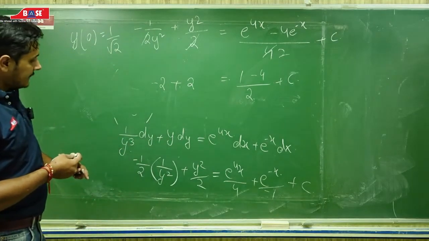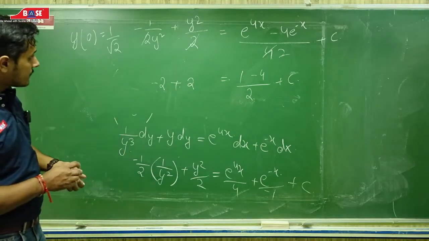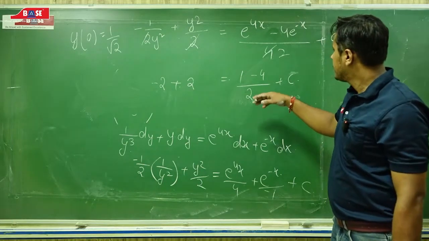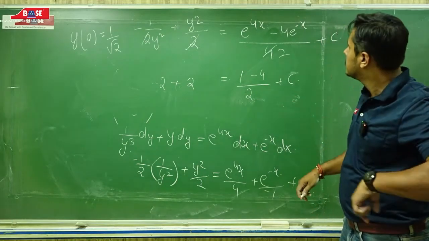So let's check what c is coming. C coming as minus 3 by 2. But c will not come as this.